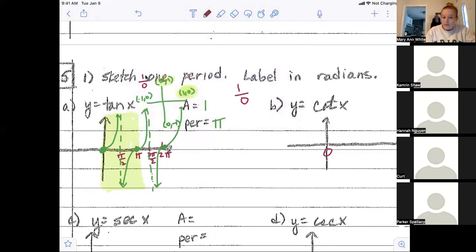Where my undefined point was in tangent at pi over 2, because it was 1 over 0, it's now the opposite. It's now 0 over 1. So now it's 0. Basically, we're flipping where the asymptotes and where the zeros go between tangent and cotangent.